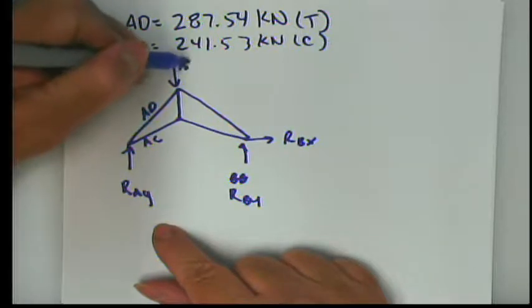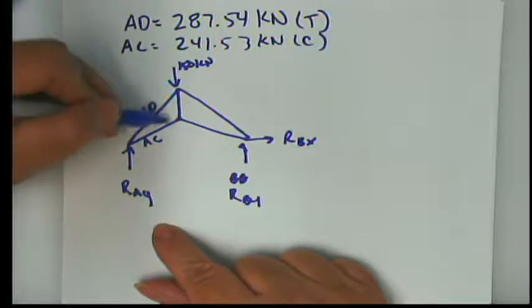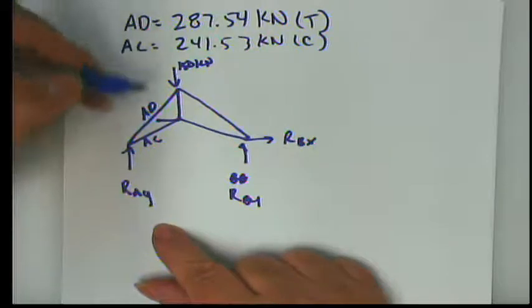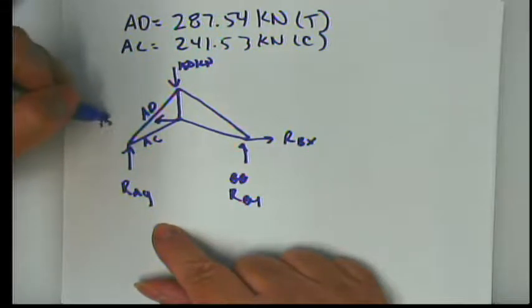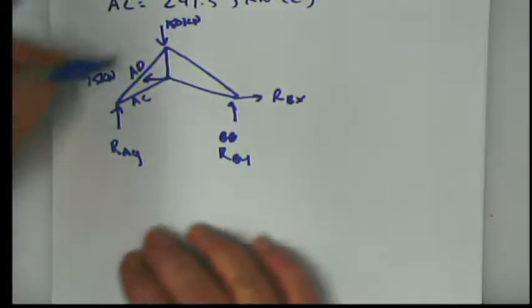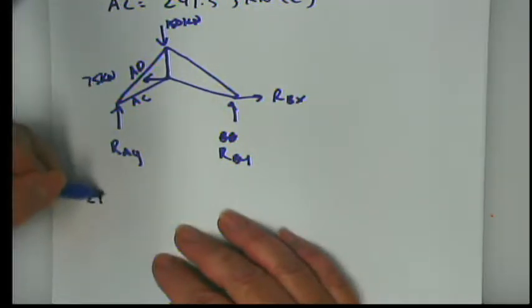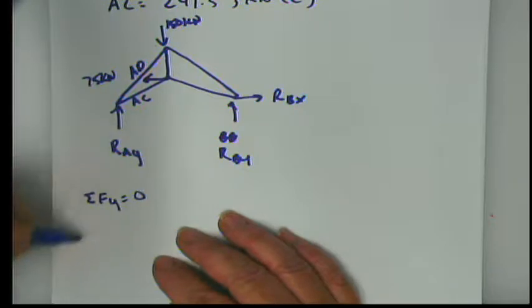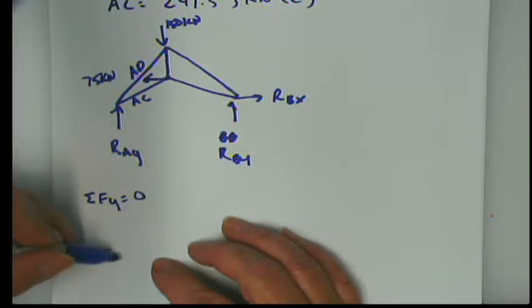We have 150 kilonewtons pushing down, and here at the bottom at C, we have a 75 kilonewton load pulling to the left. All right, so the first thing we do is our statics on the entire structure. Summation forces y equals 0, summation forces x equals 0.